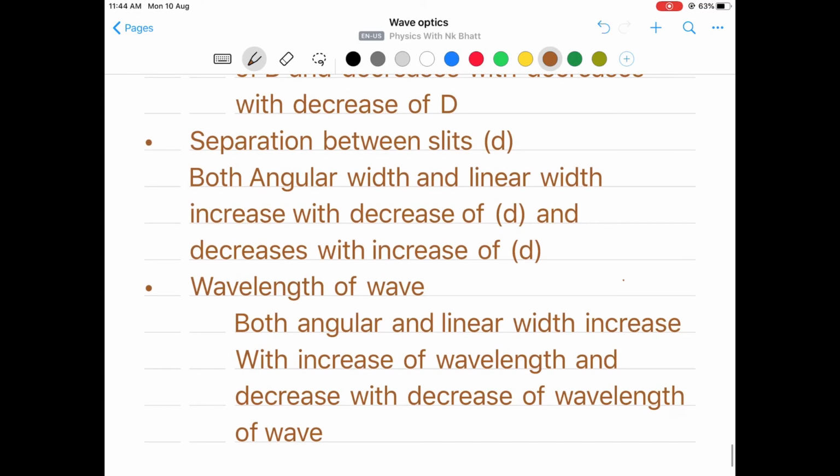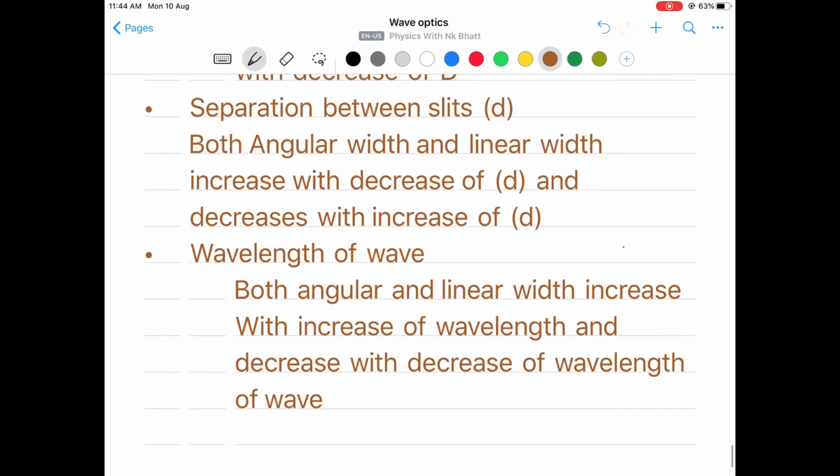The third factor is wavelength of the wave. Both the angular and linear width increase with increase of wavelength because they are directly proportional to the wavelength of light. If wavelength of light is decreased, then definitely both linear and angular width would also decrease.